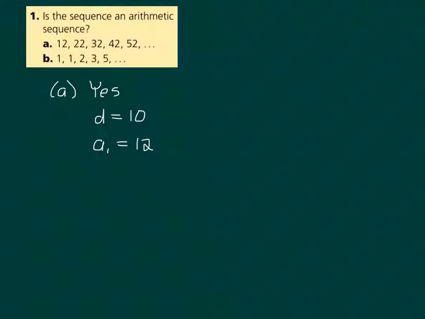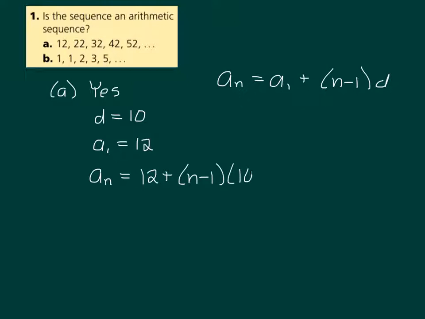So let's get the explicit formula for this arithmetic sequence using the formula from the previous page that said the nth term is the first term plus n minus 1 times the common difference. So in part A, the nth term is 12 plus n minus 1 times 10, which we could simplify to be 12 plus 10n minus 10.